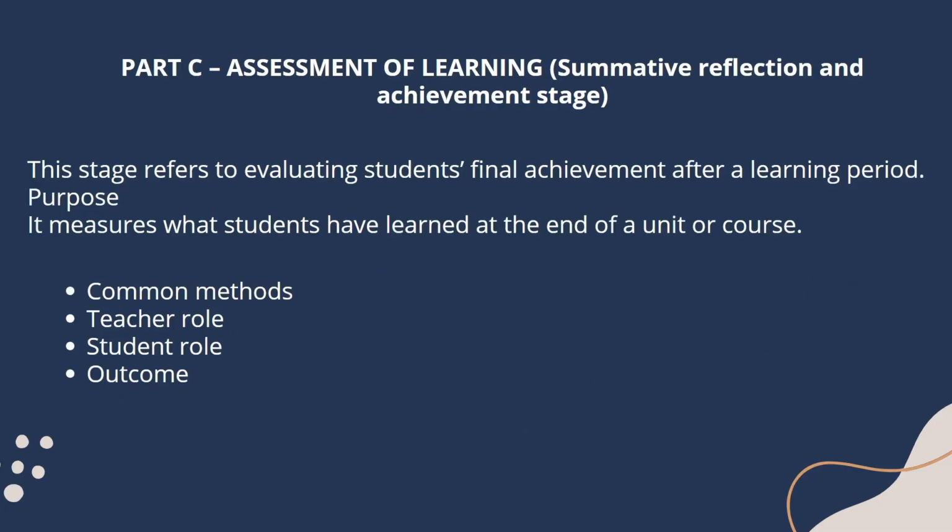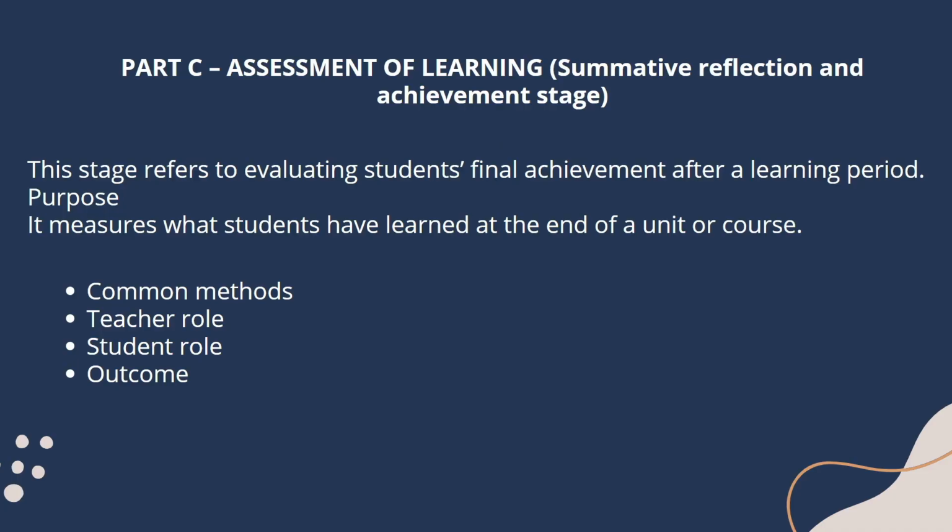Assessment of learning, the summative reflection and achievement stage. This stage refers to evaluating students' final achievement after a learning period. The purpose of this stage is to measure what students have learned at the end of a unit or a course. Common methods are tests, final projects, presentations, or written assessments. The teacher's role is to evaluate performance using rubrics or assign a final grade based on learning objectives.